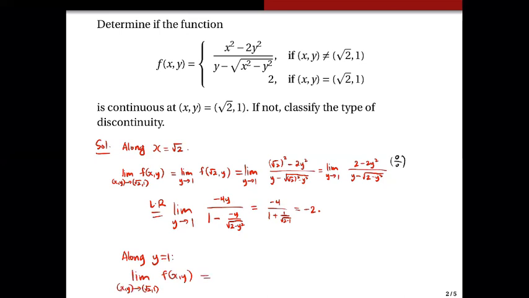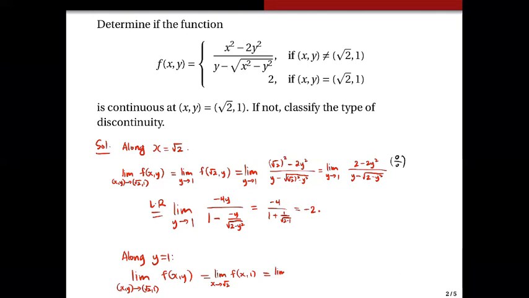Since we are moving along y equals 1, we can replace this as the limit of f of x comma 1. And here, we just have to let x approach square root of 2. So again, if we substitute our function, your y is equal to 1, your x only approaches square root of 2. So it still satisfies this condition, and therefore we have this function here.